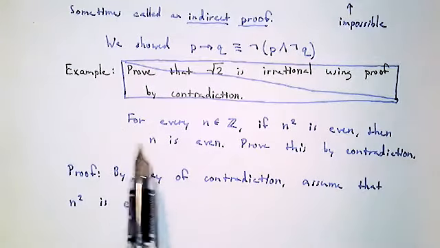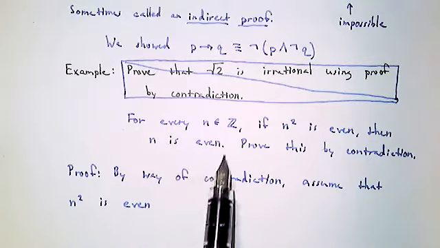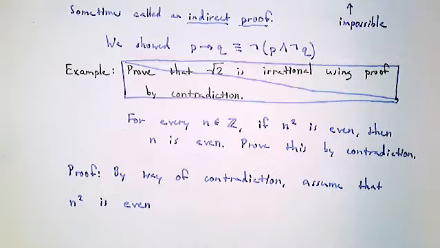In this case, the conclusion is n is even, and the negation of this would be that n is odd. So even turns into odd.